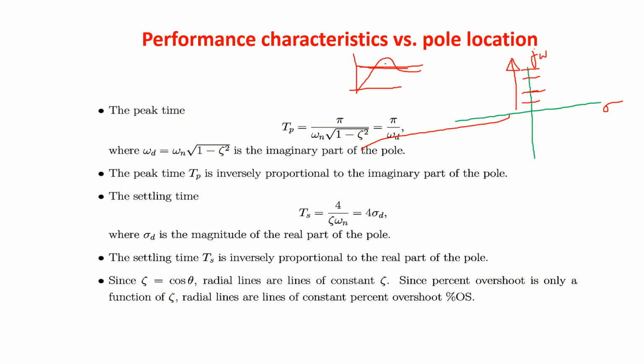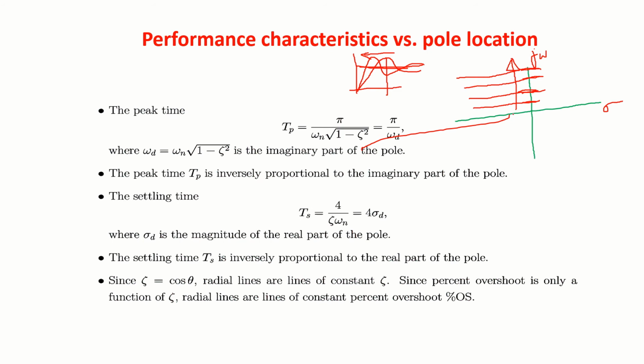Suppose this may be a peak time. For the next value, if I increase, the peak time may become like this. It will start moving in this direction. Correct? If I keep on increasing the imaginary part. You can say these are constant peak time lines, right?